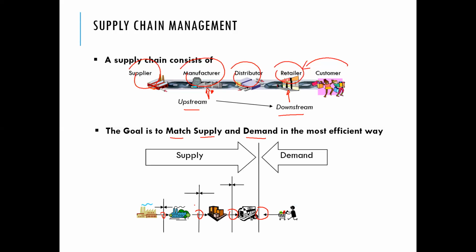Earlier I said that a lot of things that are happening around us directly relate to supply chain management. I'll give you two examples. One of them is the toilet paper shortage. What is happening in this shortage is that the demand has gone up from the customer end for toilet paper.